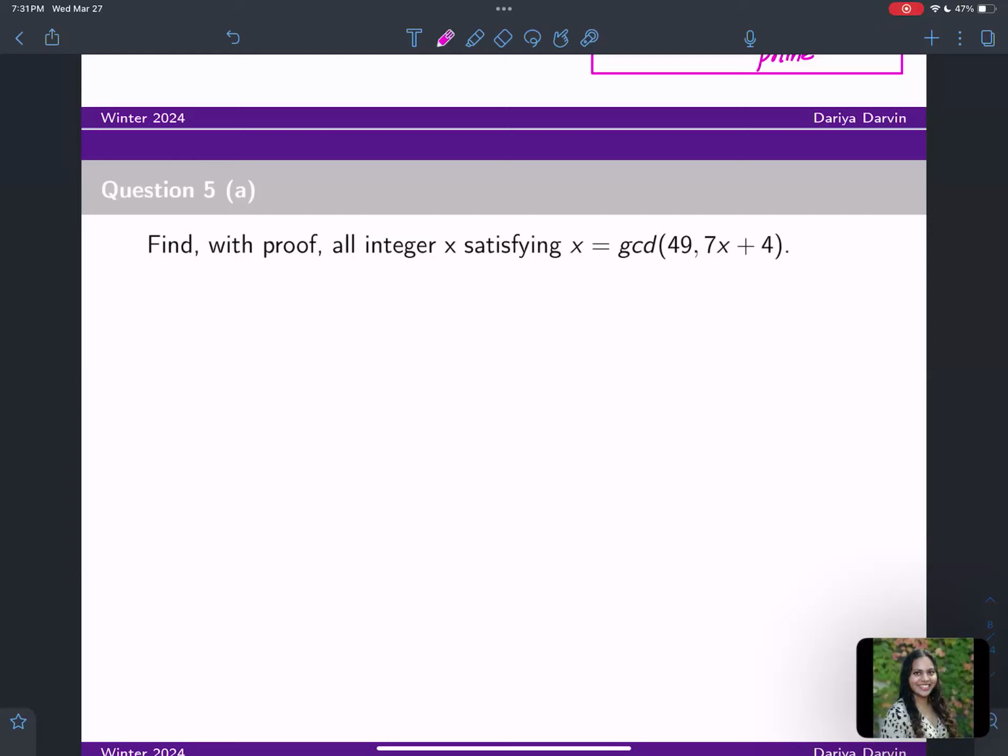Any ideas for this, guys? Okay, let's start with something simple. I know x is equal to the GCD of 49 and 7x plus 4. By the definition of GCD, again, I'm going to show you the definition here.